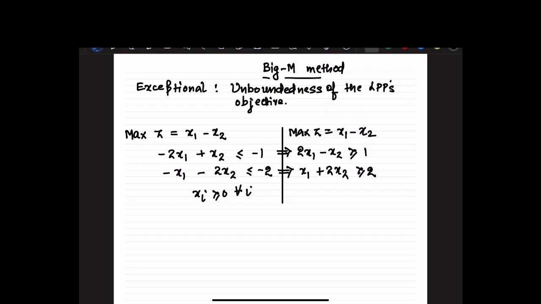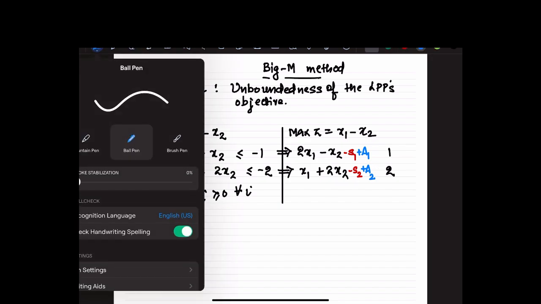Since they are all greater than or equal to, we'll be using a surplus and an artificial in both of these. So let's say the surplus is minus S1, the artificial is A1, here the surplus is minus S2, the artificial is A2, and then these inequalities become equalities.